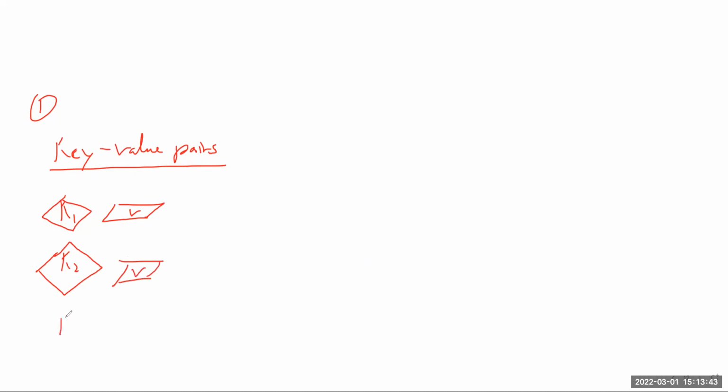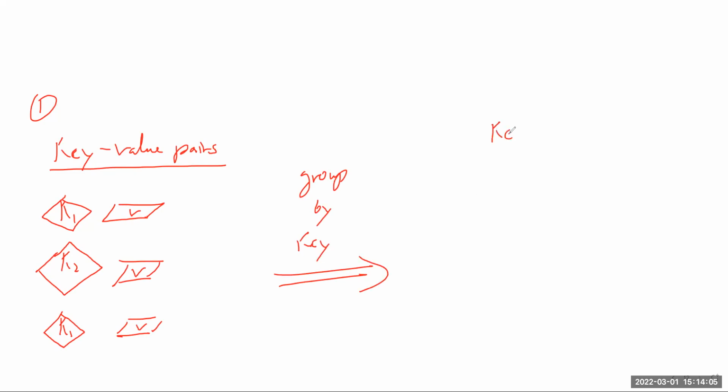And then we have another key 1 over here, and a value. That just means we have the individual keys and values. Then we group by key. And now we end up with key value groups.